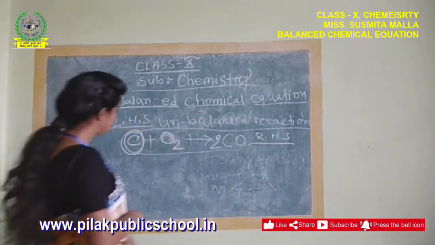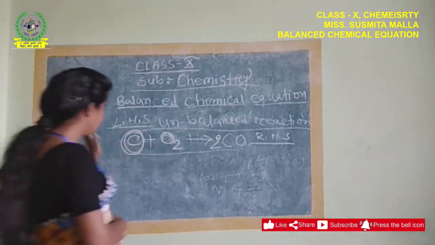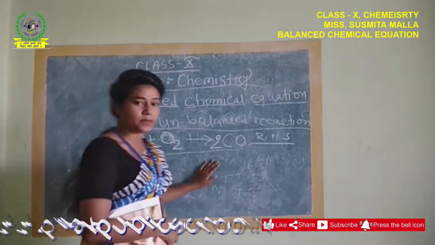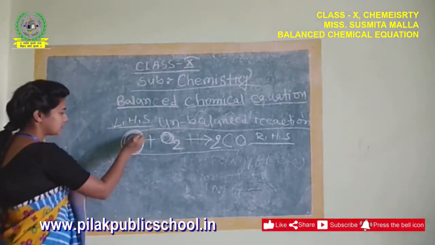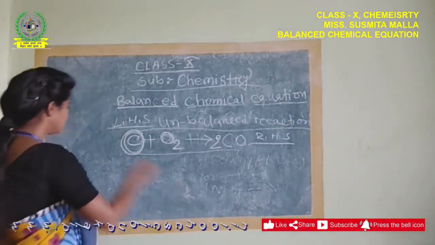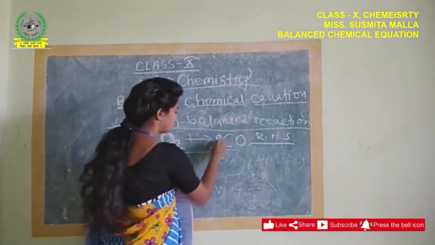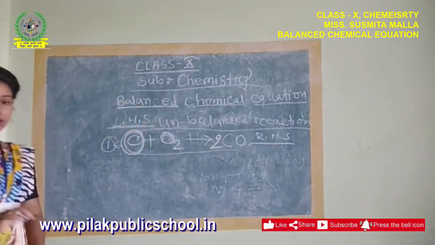Next, hydrogen. There is no hydrogen. Non-metal elements: carbon in the left hand side there is 1 carbon, on the right hand side there are 2 carbon. That is, this equation is not balanced.